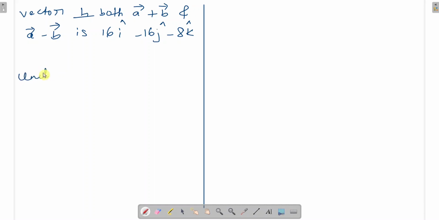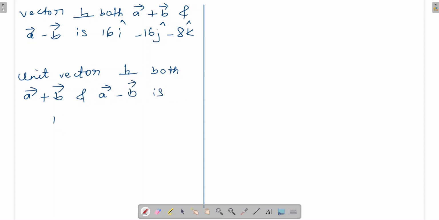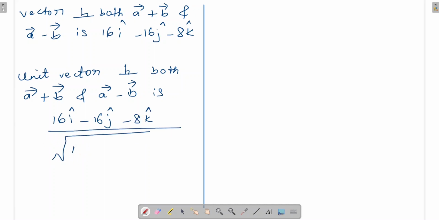So the unit vector perpendicular to both A bar plus B bar and A bar minus B bar is this 16 i cap minus 16 j cap minus 8 k cap, the whole divided by root of 16 square plus minus 16 square, right?